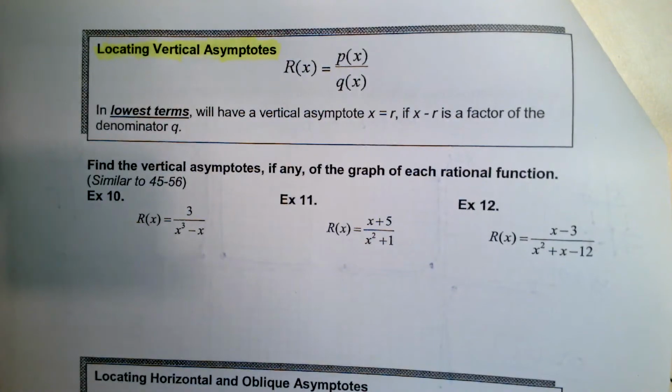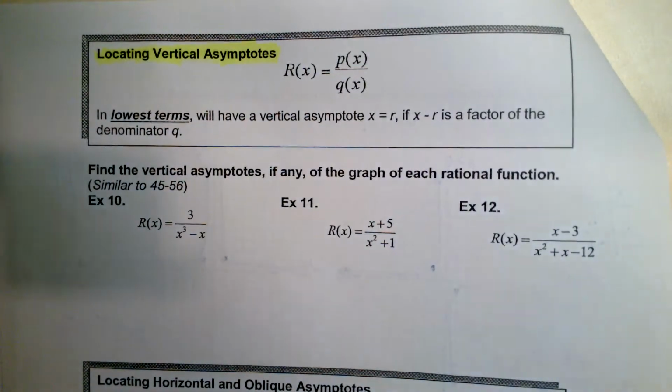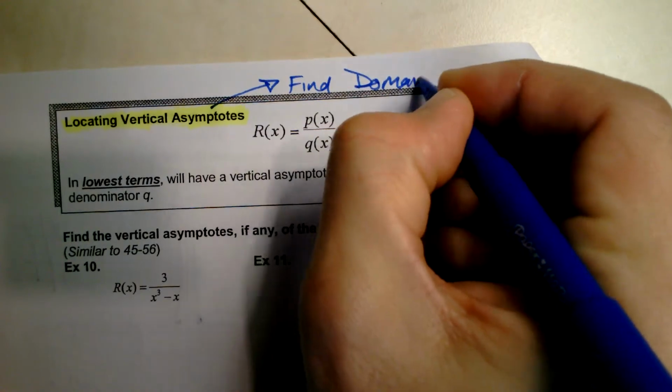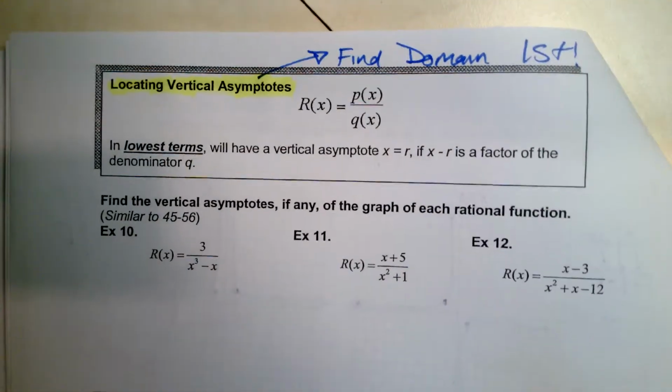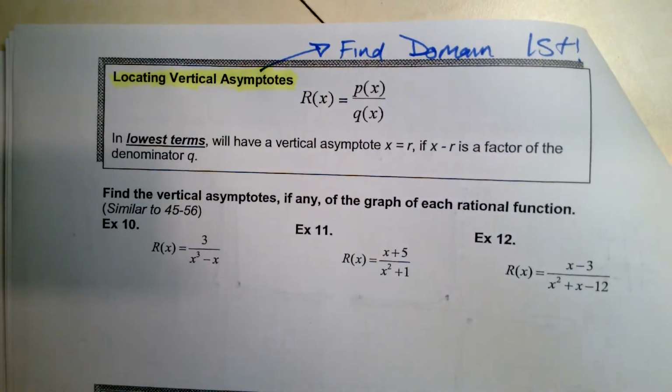So when I'm looking for vertical asymptotes, it's similar to domain. So we're going to find our domain first, okay? And what you'll notice is the domain and vertical asymptotes are related.